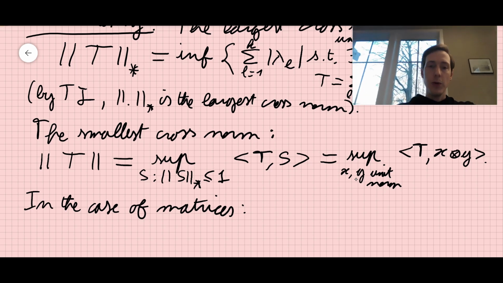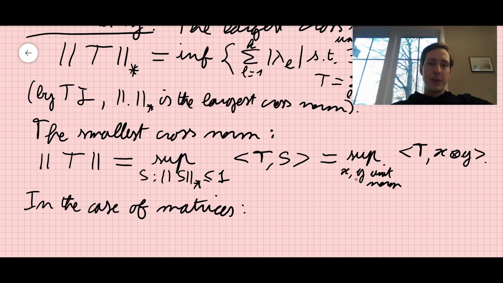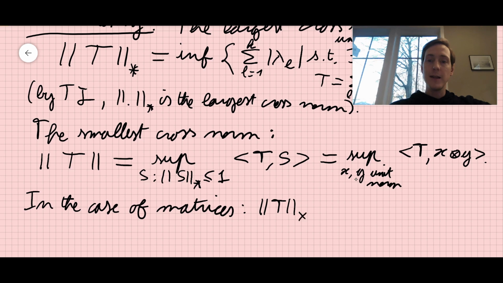So in the case of matrices, there are a couple of facts about these norms that are very useful. For instance, we know that the largest cross norm is not too much larger than the smallest cross norm.